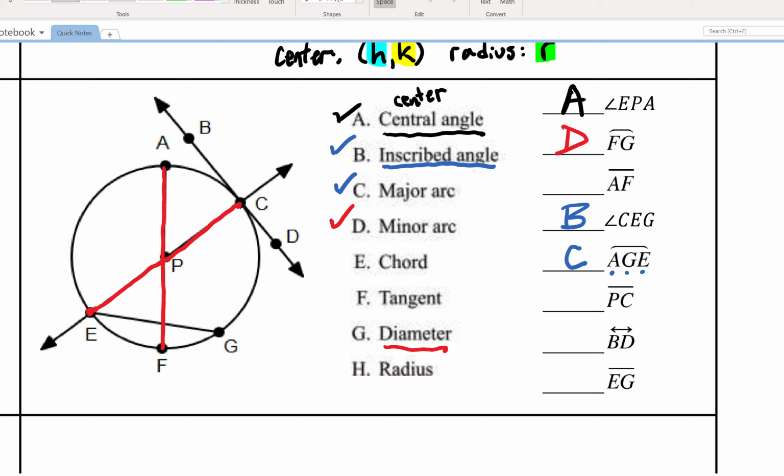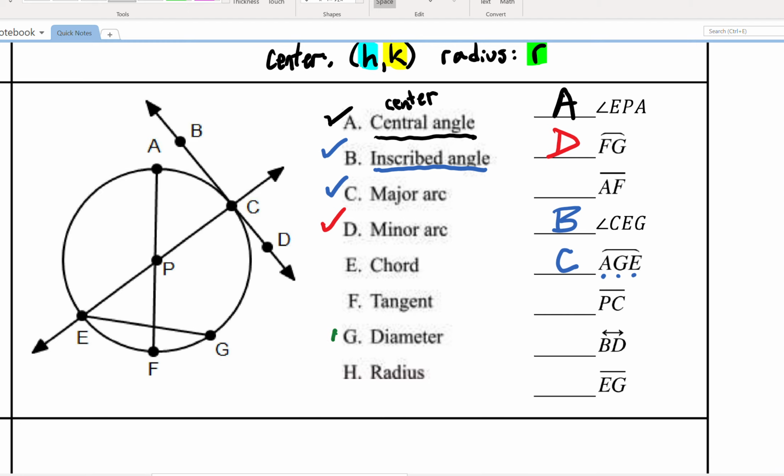So, let's see. And I don't think either of those are probably going to be what we're looking at. Since diameter, let's say AF. There we go.